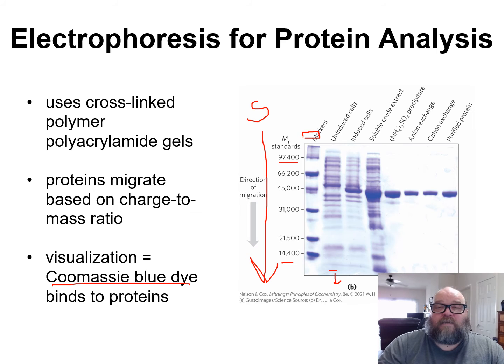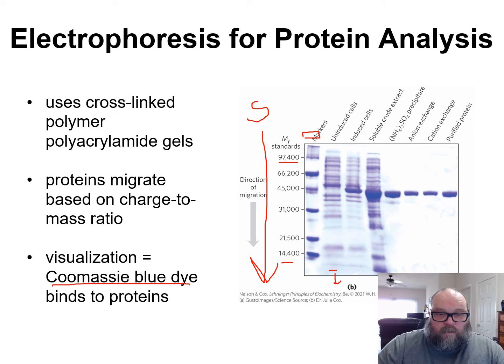Coomassie blue has an affinity for amino acid chains, polypeptides. So in the gel, this was all clear. Take the gel, put it in the Coomassie blue stain for a while, then rinse to remove any excess Coomassie blue that's not stuck to proteins, and voila. There you go.